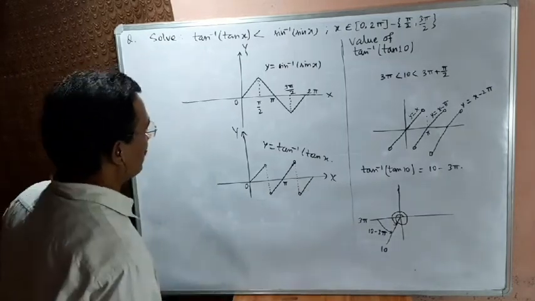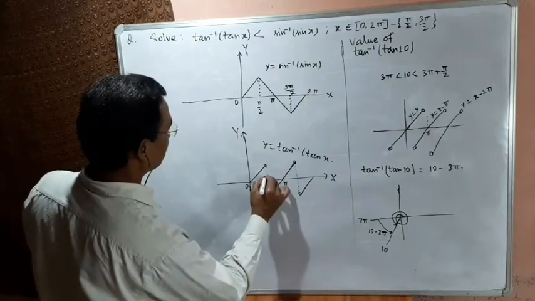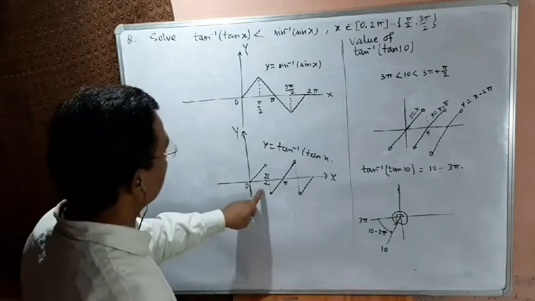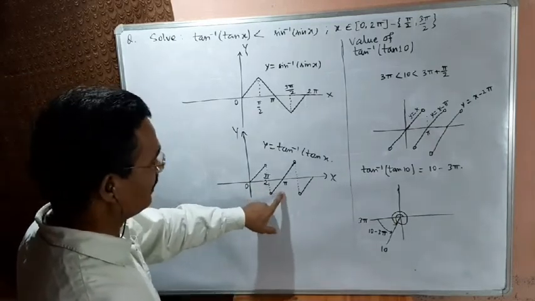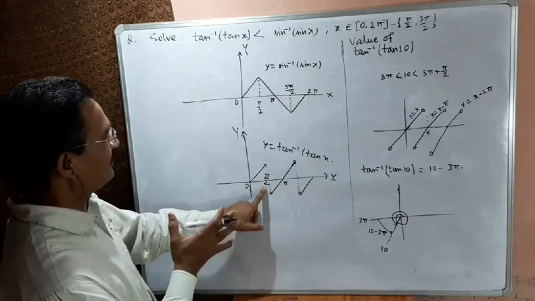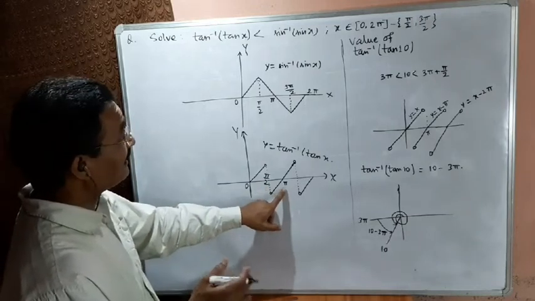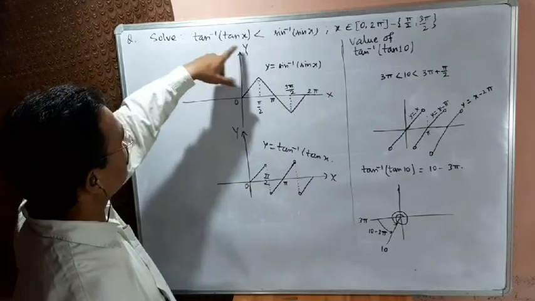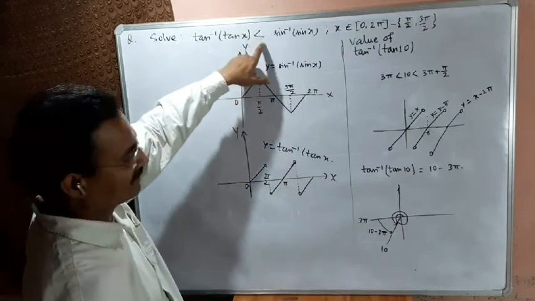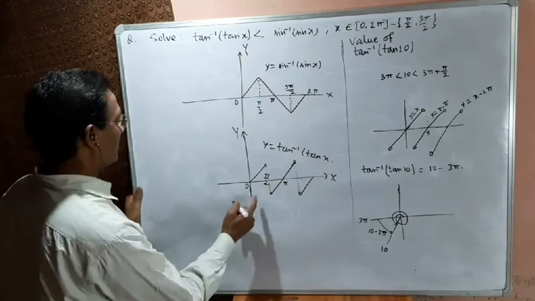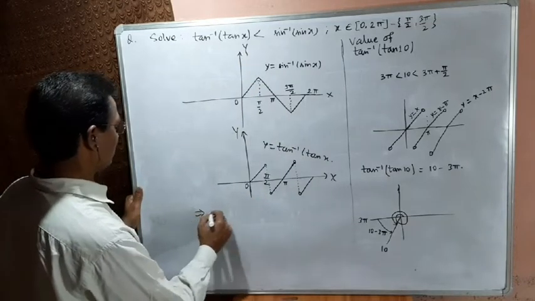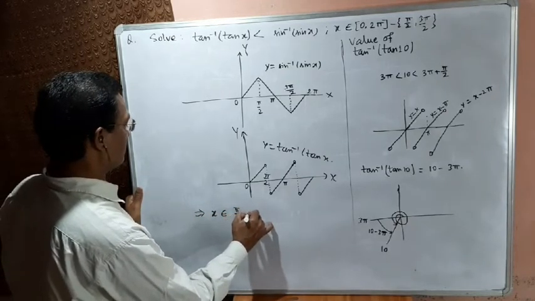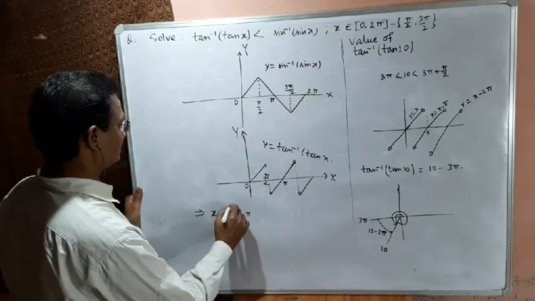Therefore, our required solution will be between pi by 2 and pi. Obviously, pi by 2 and pi both will be open, because pi by 2 is not in the domain, and pi is in the domain, but at pi both are the same, and we have to trace only smaller than. So from these two graphs, we can say x belongs to pi by 2 to pi, both open.